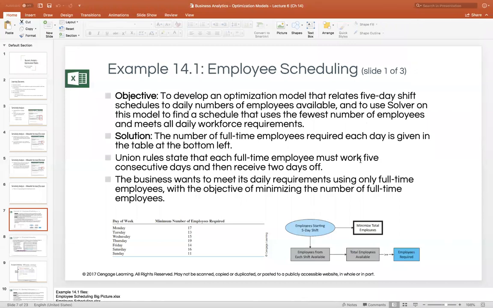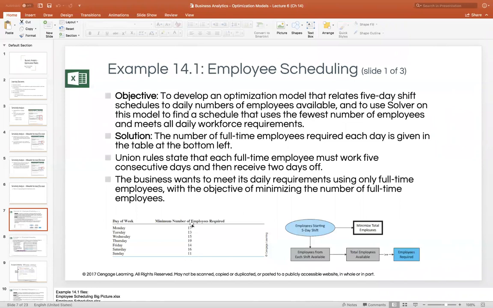At the end, we want to minimize the number of employees we need. But we also have a requirement that every day we need a minimum number of employees. For example, Monday we need at least 17 people. Tuesday, 13. Wednesday, 15. Thursday, 19. Friday, 14. Saturday, 16. And Sunday, 11.